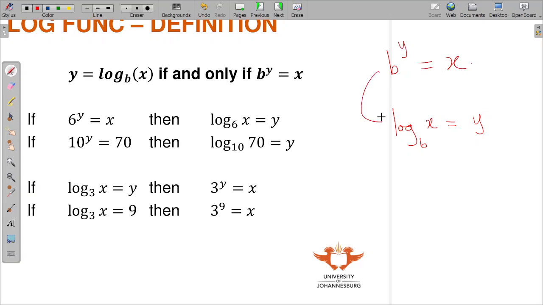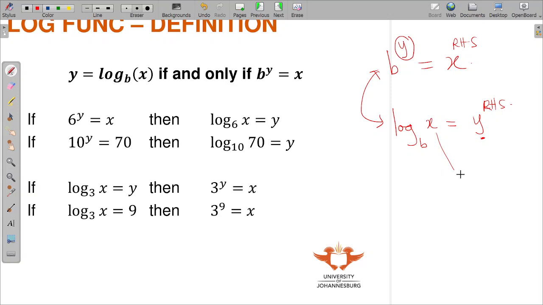So when changing from log to exponential function or from exponential function to log, the base remains the same. The exponent becomes the right hand side of the equation, while the value on the other side becomes the log.